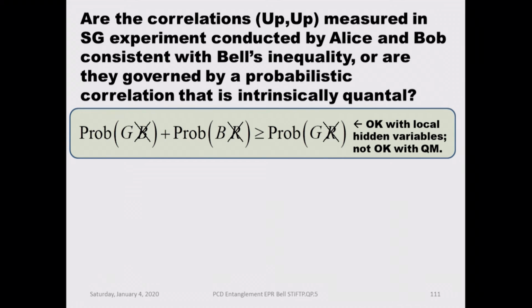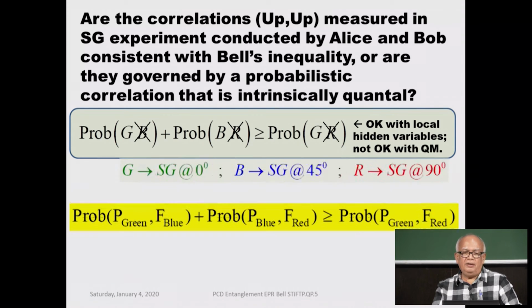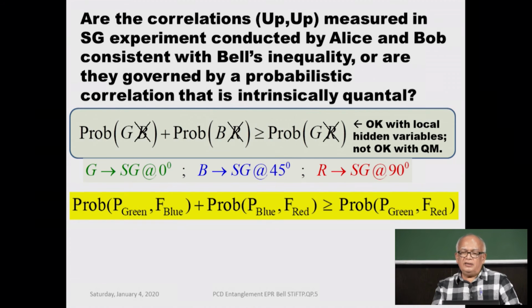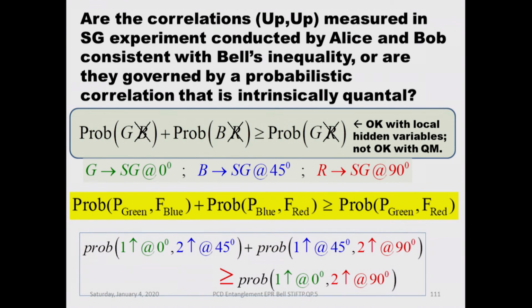So, this is what you will expect from local hidden variables, from a counterfactual theory. This is what you will expect, but what is it that quantum mechanics gives you?